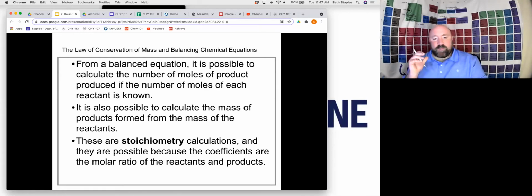Okay. So from a balanced equation, one of the things that we can do is we can use that to start looking at the amounts of chemicals involved in a chemical reaction. These are called stoichiometry calculations. And they're made possible because the coefficients in a balanced equation give us the molar ratio between the reactants and the products.